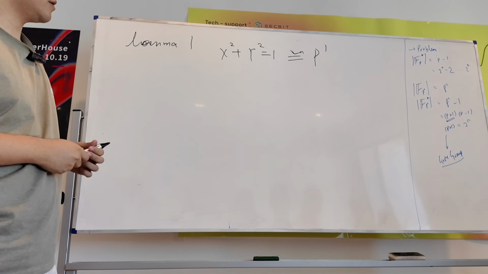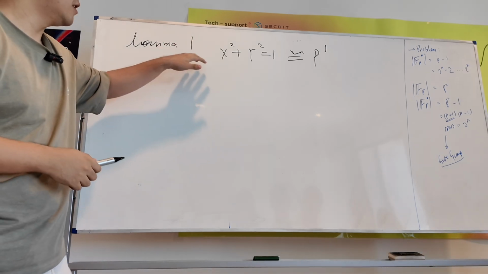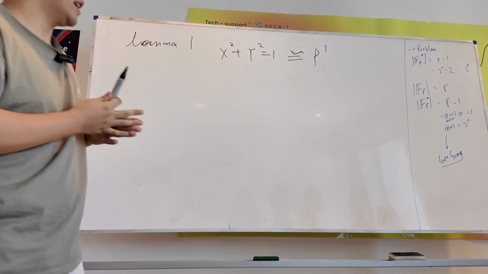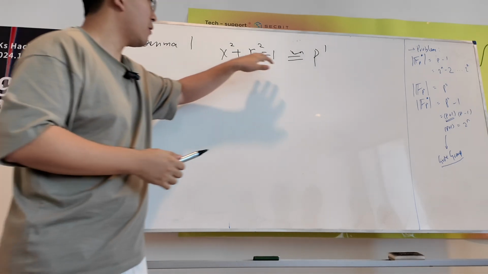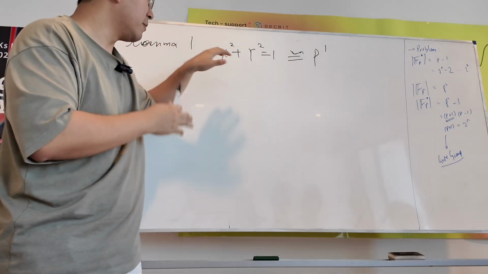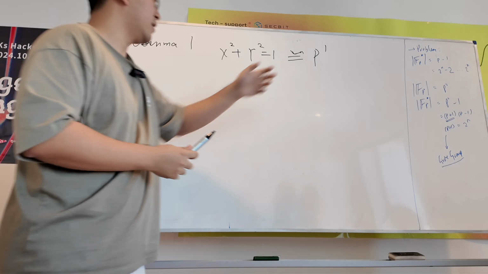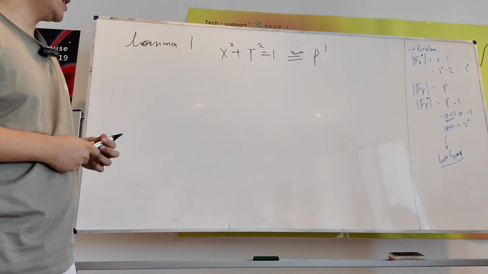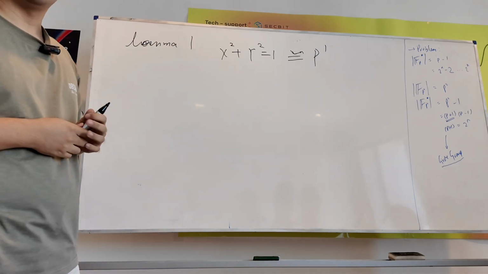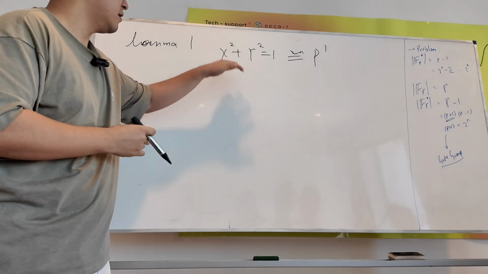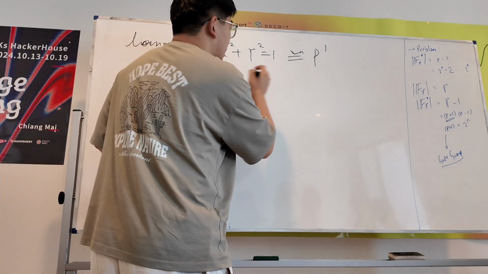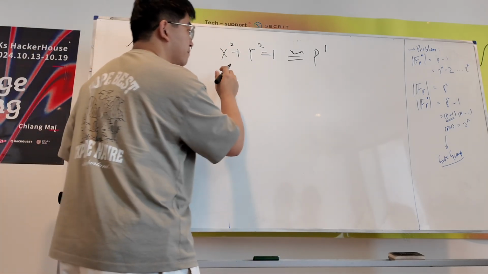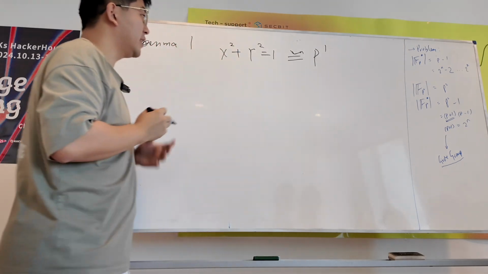And I just want to try to explain how we can find a map or isomorphism between these two things. I think it will help you to understand why. I just want to give you some high-level idea.